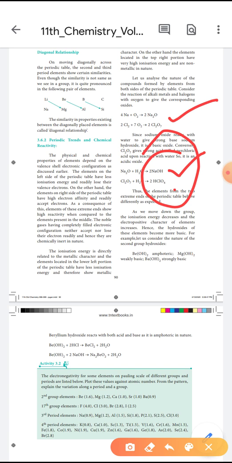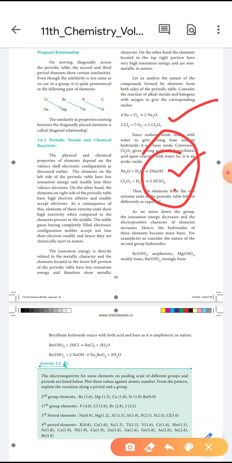As we move down the group, the ionization energy decreases and the electropositive character of the element increases. Hence the hydroxides of these elements become more basic. For example, beryllium hydroxide is amphoteric, magnesium hydroxide is weakly basic, barium hydroxide is strongly basic. Beryllium hydroxide reacts with both acid and base, so it is amphoteric in nature.